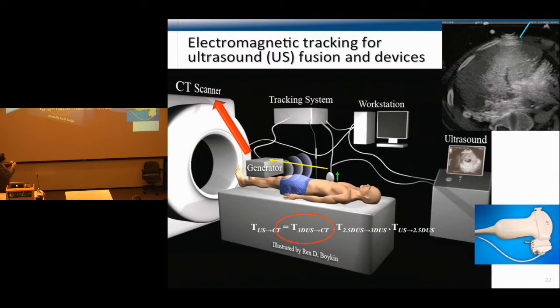That coil sits in a field from the field generator, which generates a very weak electromagnetic field, and the current that passes through the coil gives us the position of that sensor. That transformation between the coil and the generator is given in real time. What changes every time a new patient comes in is the transformation between the generator and the CT scan. That's what we need to determine with an automatic registration.